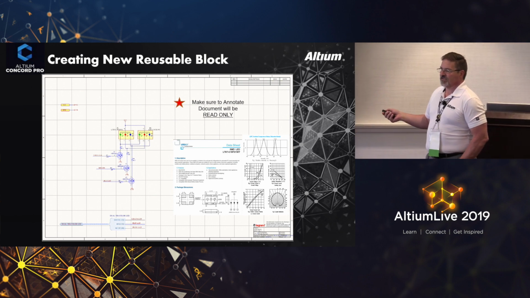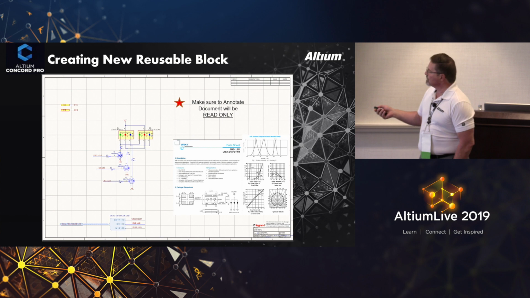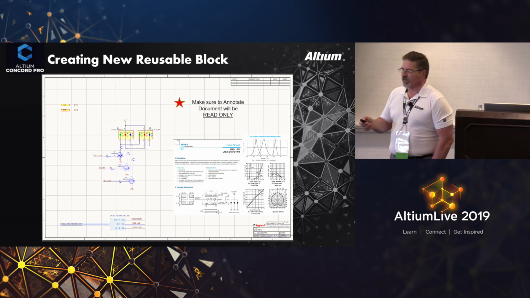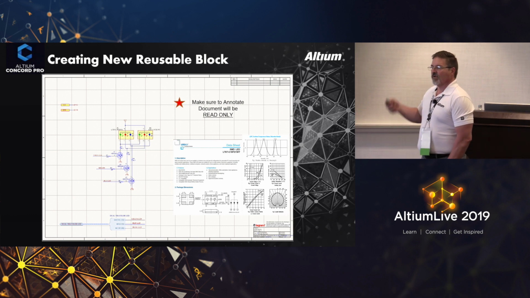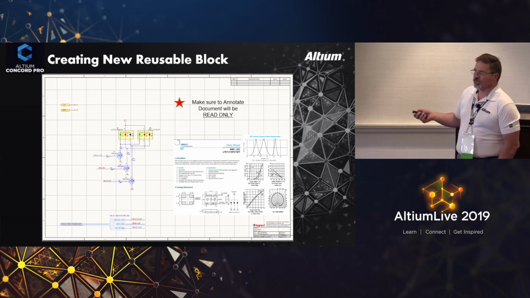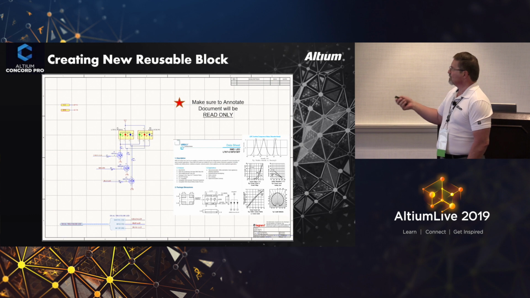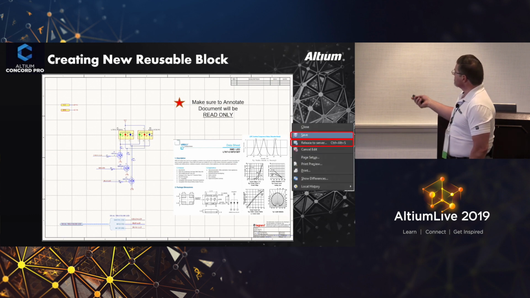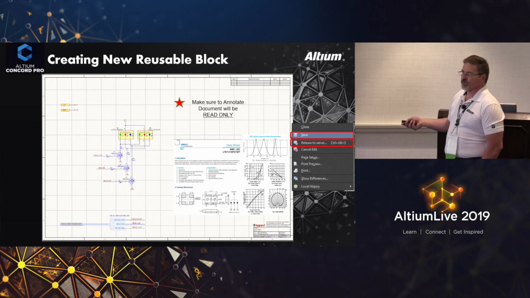Make sure to annotate this page, because this is going to bring in, let's say, your D1, your D2, and so on. This is going to be read-only, and we're going to talk about how we then annotate this once we put it into the project. But make sure at this point, when you're setting up your reusable blocks, to annotate this where it's at. So then you simply save it and release it to your server, release it to your Concord Pro.